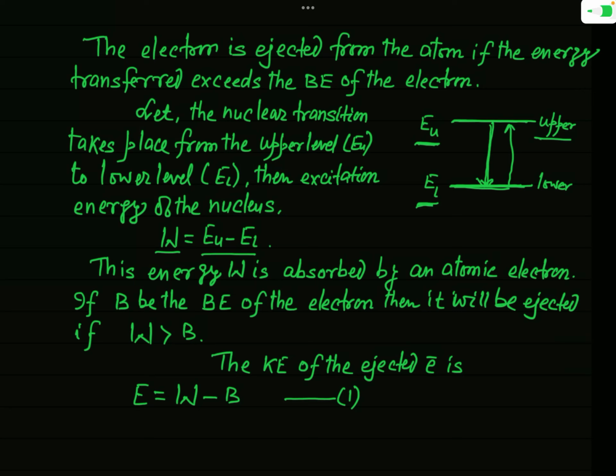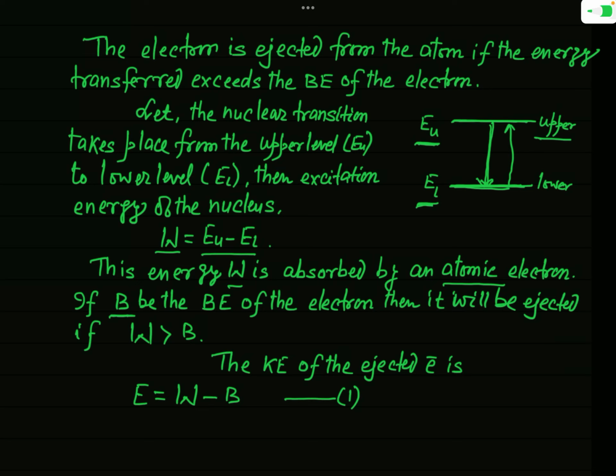And now this energy W is absorbed by an atomic electron. Okay, and after getting this energy, what will happen to that electron? That depends completely on the binding energy of the electron in the shell in which it was present. So let us consider that our atomic electron is in a particular shell, and in that shell the binding energy of that electron is, let us say, B. Okay, when you say that the binding energy is B in a particular shell, what does it mean?